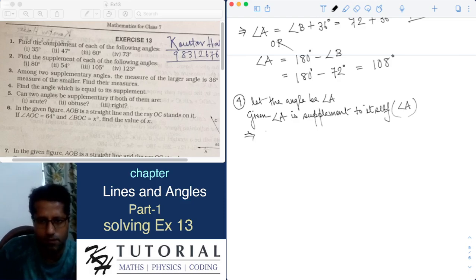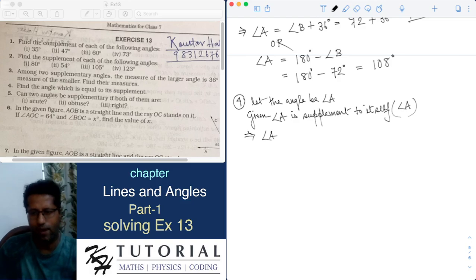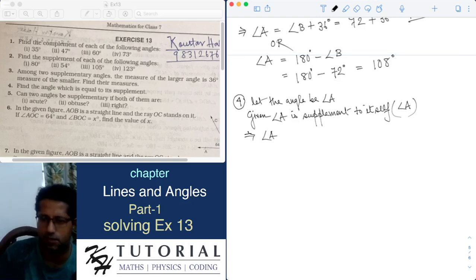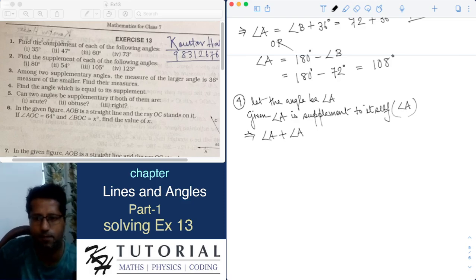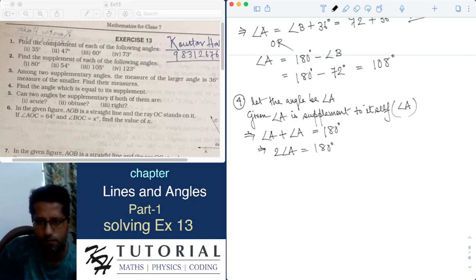So this implies two angles are supplement to each other when the addition is 180 degree. So we will have angle A plus angle A equals 180 degree. This implies twice of angle A is equal to 180 degree. This implies angle A is equal to 180 degree by 2.